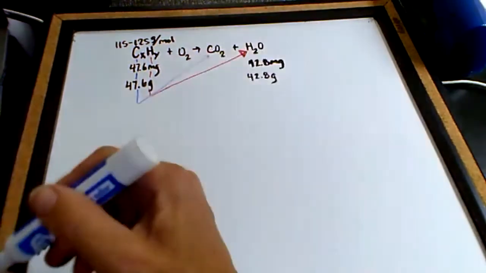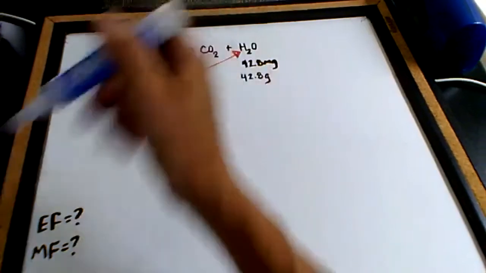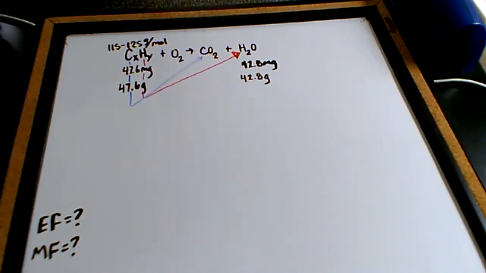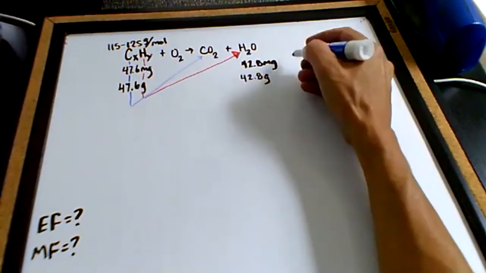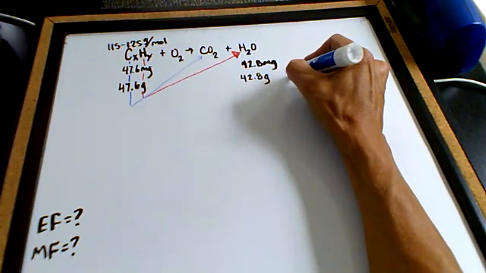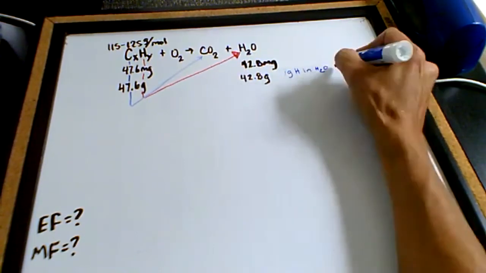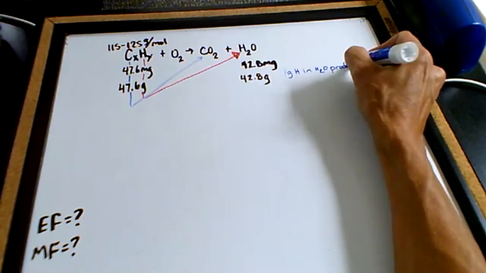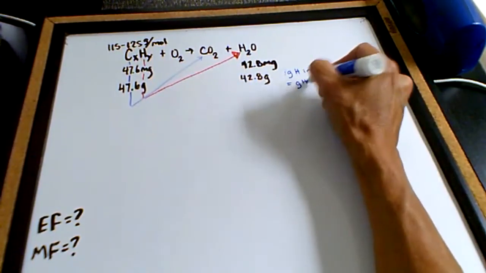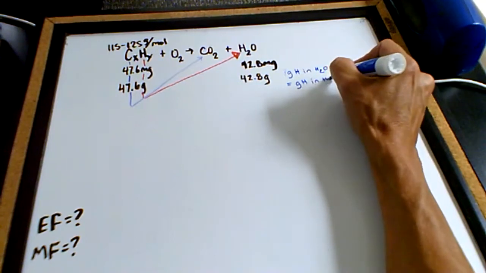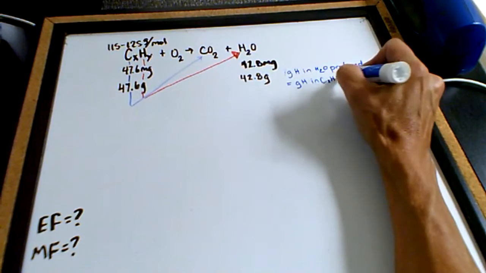That's not going to help us much because we don't know the amount of oxygen that reacted, so we don't know how much carbon dioxide was produced, but we're not going to need that number. If I can figure out the grams of hydrogen in the water that was produced, I know that is equal to the grams of hydrogen in the Q-mean.